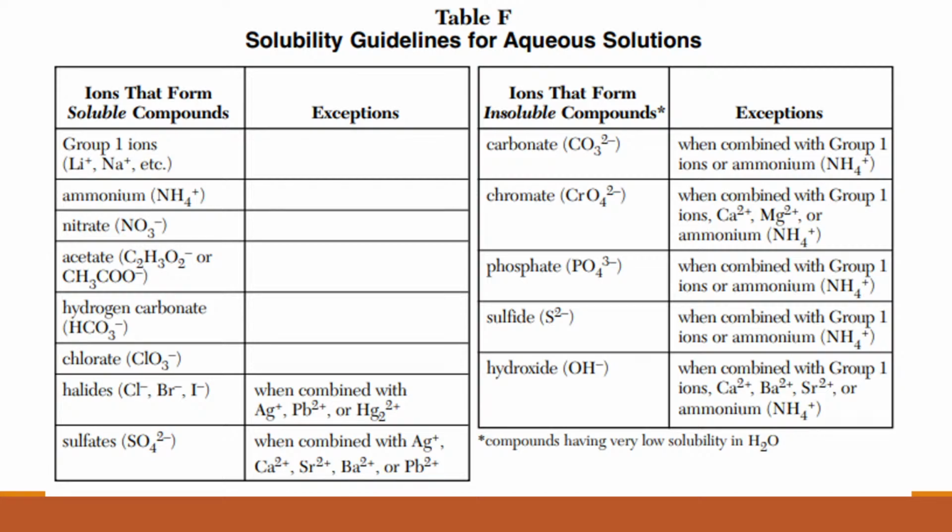So, how do you read Table F? Looking at Table F, we see that there are two pairs of columns. The first set of columns right here, a visible gap between the two, and then a second set of columns here.